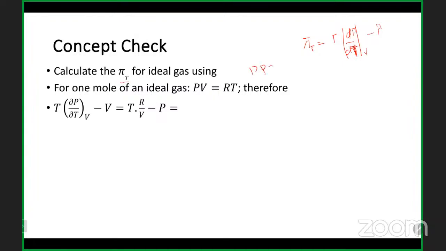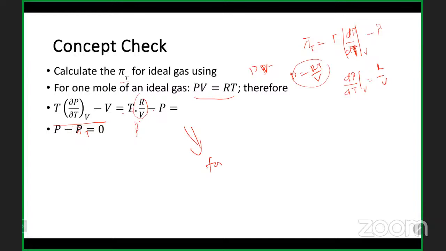If PV equals RT, then P equals RT over V, and the derivative of P with respect to T is R over V. So pi T is R over V times T minus P. R times T over V is equal to P. So that's P minus P.